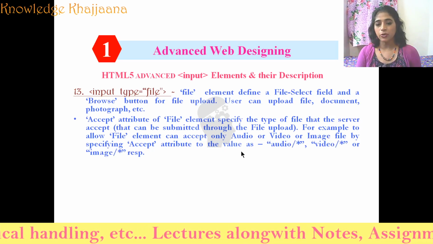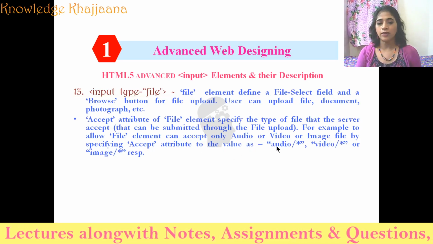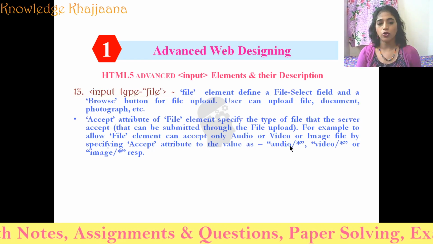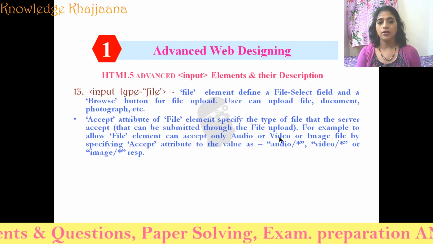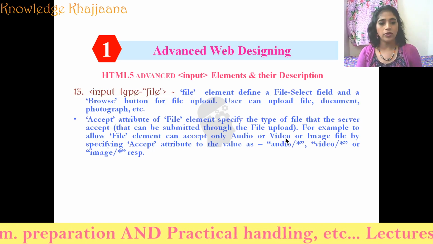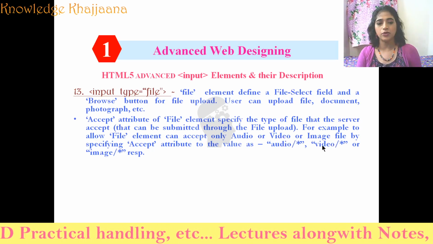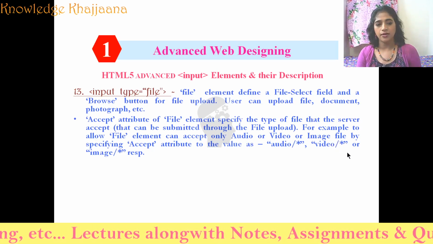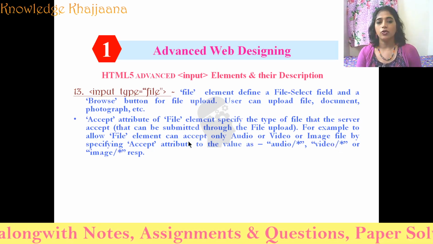Using the accept attribute, we can set it as only for audio file. We can set accept is equal to audio/star. Allowing only video files to be uploaded, you can set accept is equal to video/star, like this.